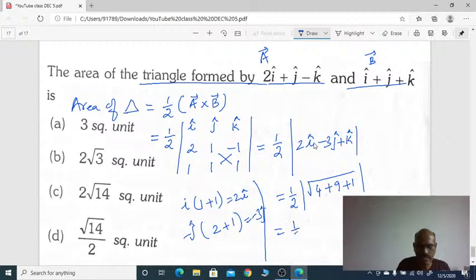So area of the triangle is root 14, that is nothing but the area of the triangle equal root 14 by 2 square unit. So root 14 by 2, option D is the correct answer.